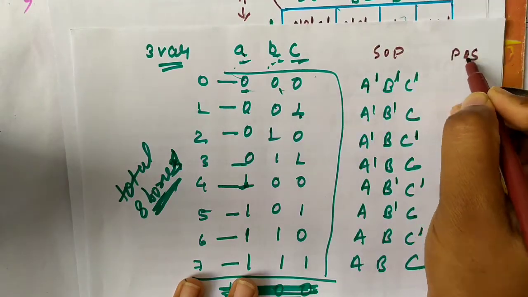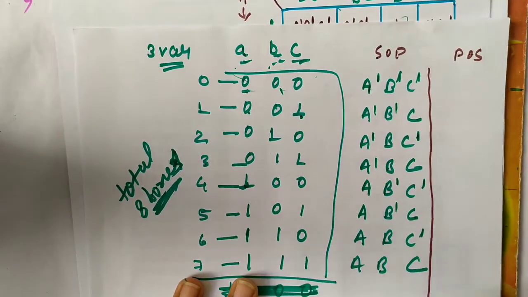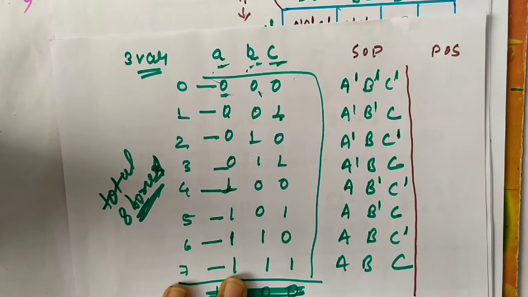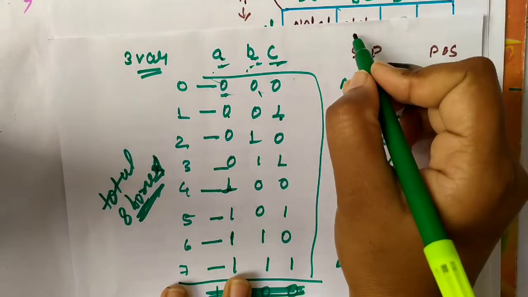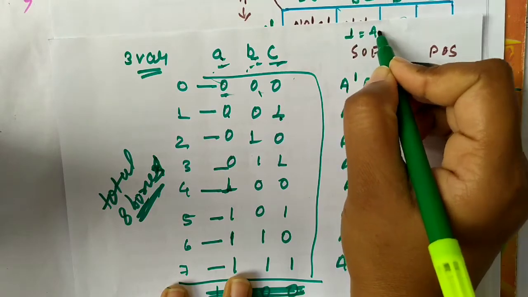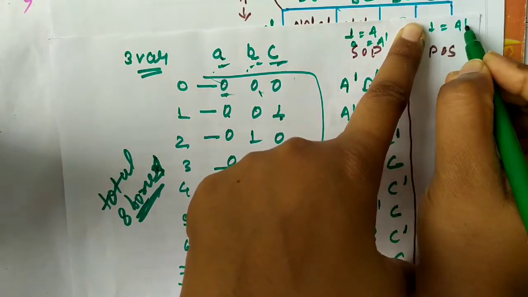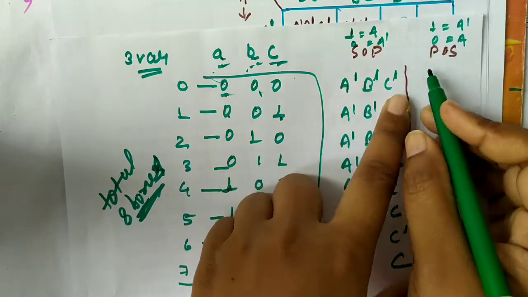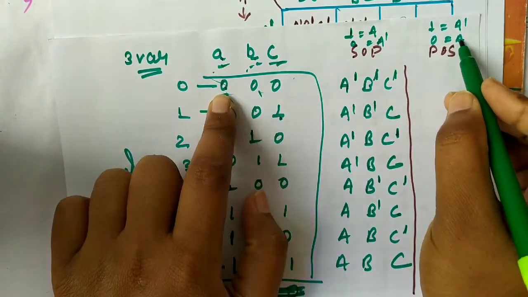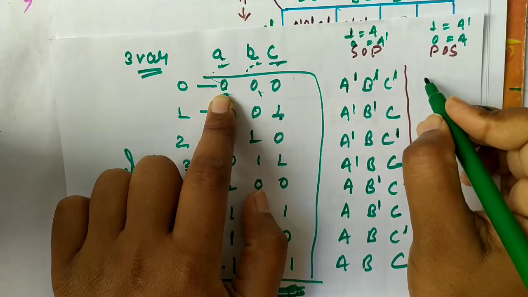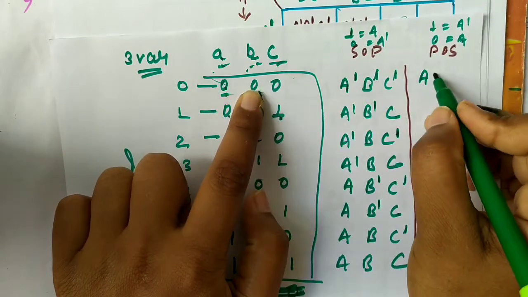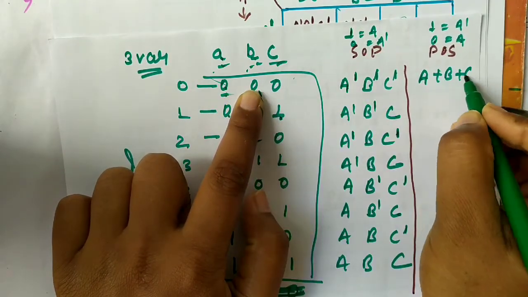Here for POS we have to write POS. In the POS, in SOP 1 is for A, 0 for A dash. In the opposite, 1 for A dash, 0 for A. So 0 that means A. So A again plus B plus C.